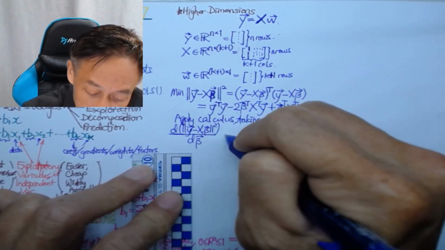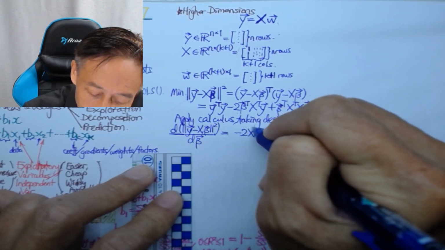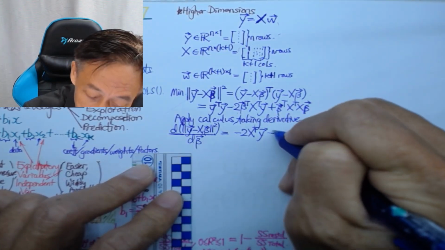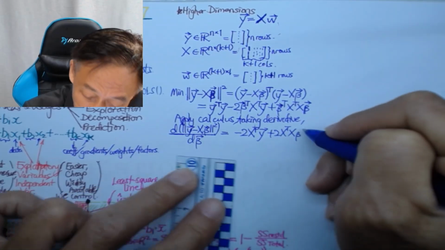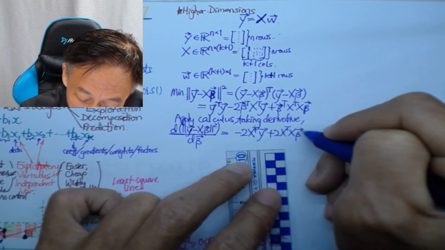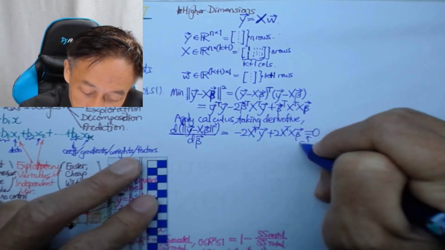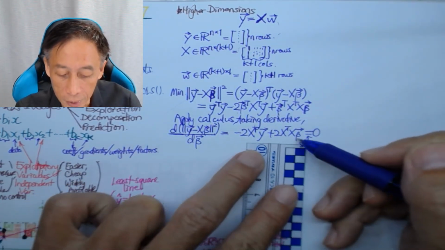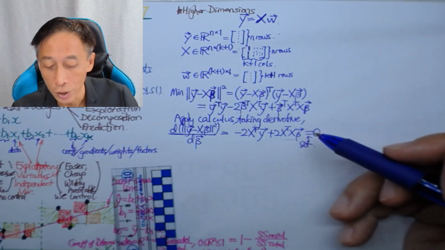The vector derivative is going to be negative 2X transpose y vector plus 2X transpose X beta vector. And we want to set this to 0. This is the derivative that shows us the direction of change.